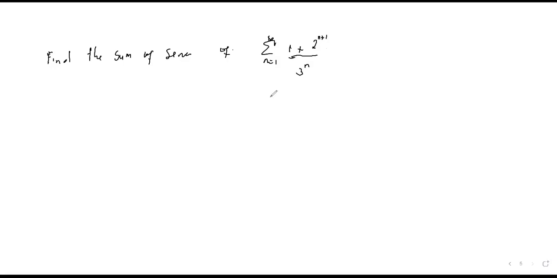Because of the plus that is there on top, we'll split them. So first get 1 over 3 power n, and then this is n equal to 1 to infinity.